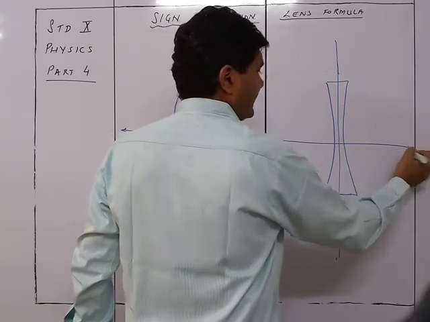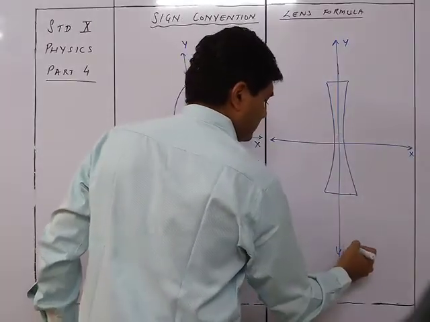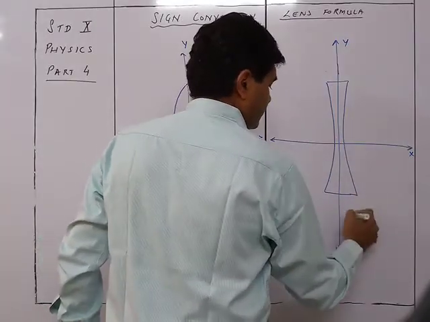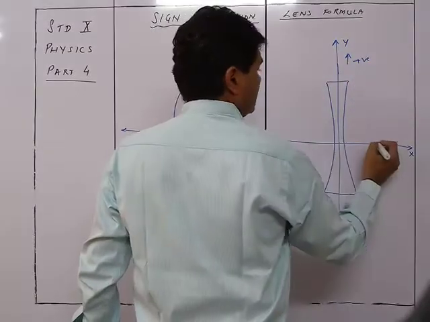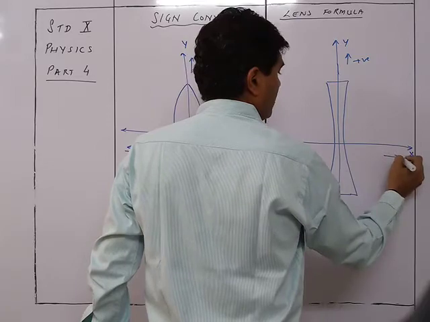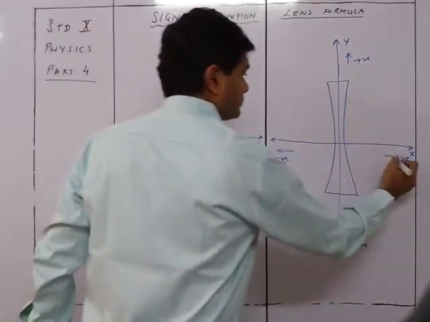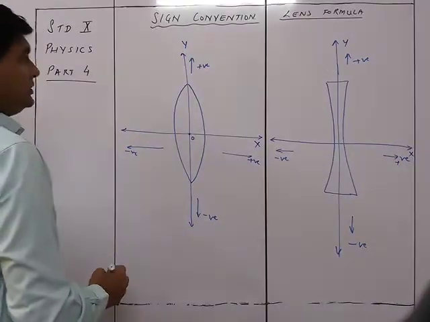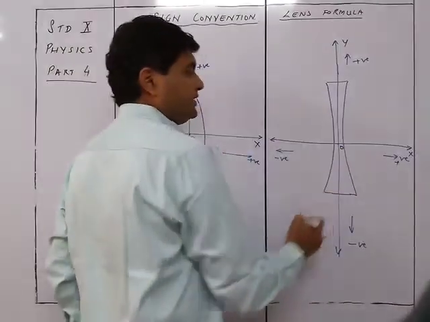This is again the x-axis, this is the y-axis, downwards is negative, upwards is positive, to the right is positive, to the left is negative. So this is the origin, and this origin is the optical center.